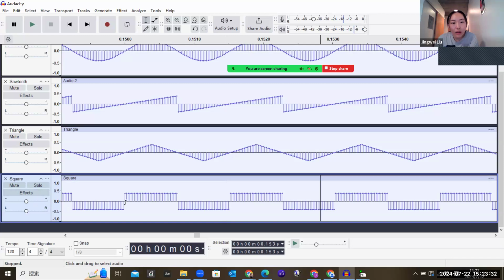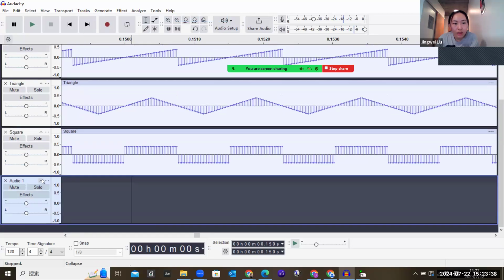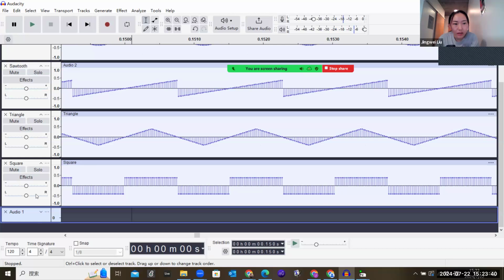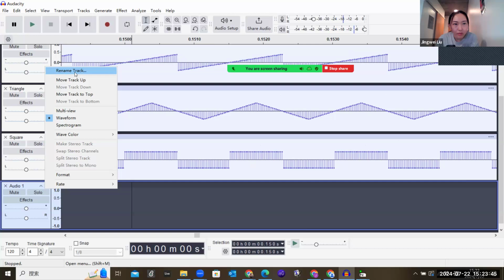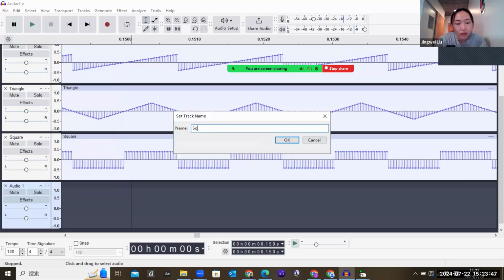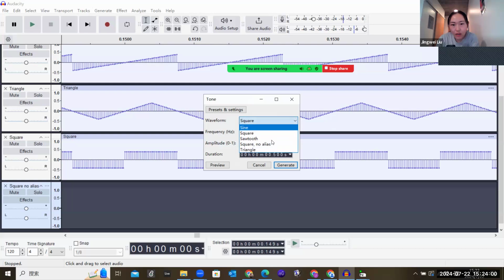And there is another function in Audacity, called square, no alias. Let me rename this track: square no alias. Okay, let's see what this will create. Generate tone, no alias, generate.